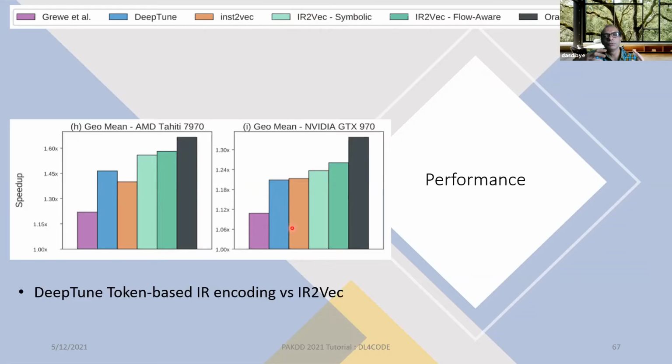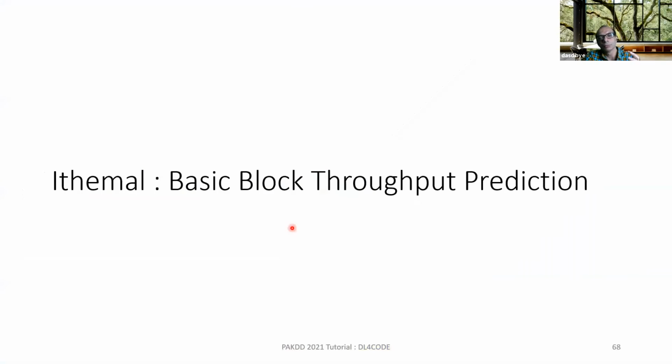So that, in brief, is the first optimization that I wanted to tell you about. It was very well received at that point in time because it's the first paper which looked at this kind of end-to-end approach.